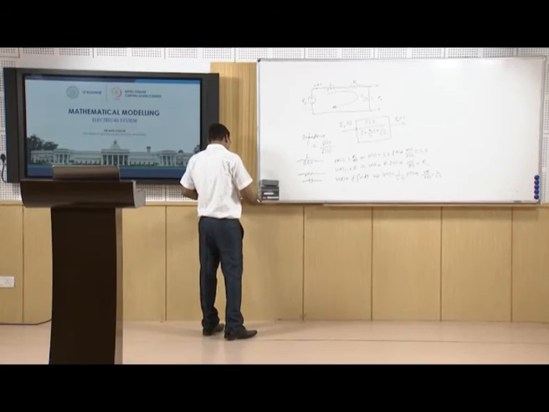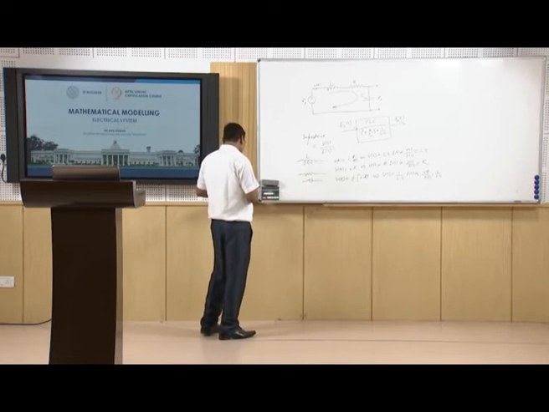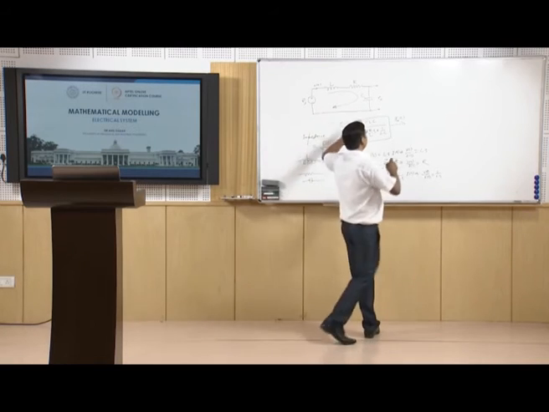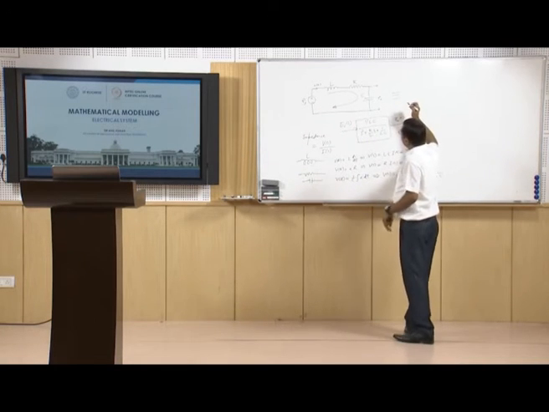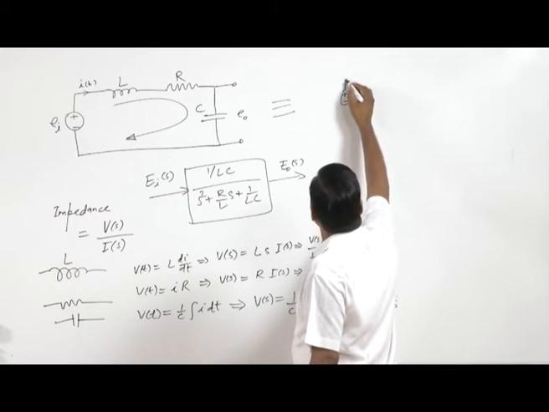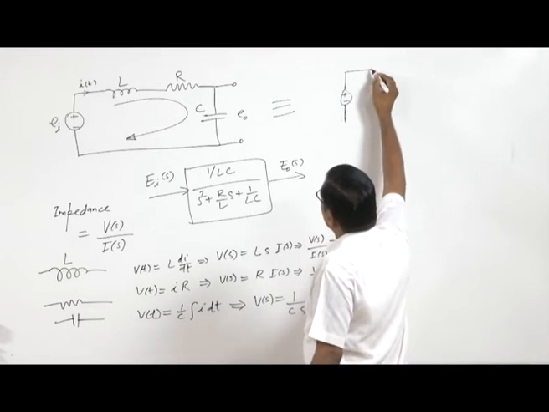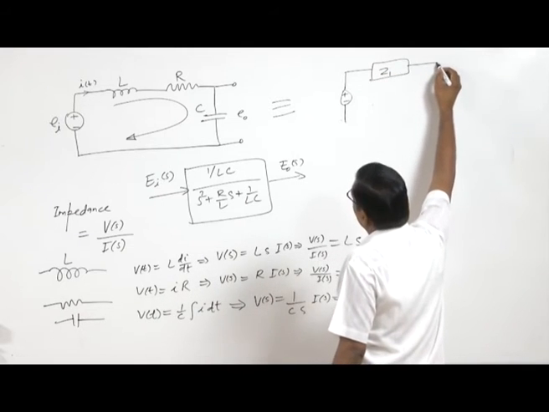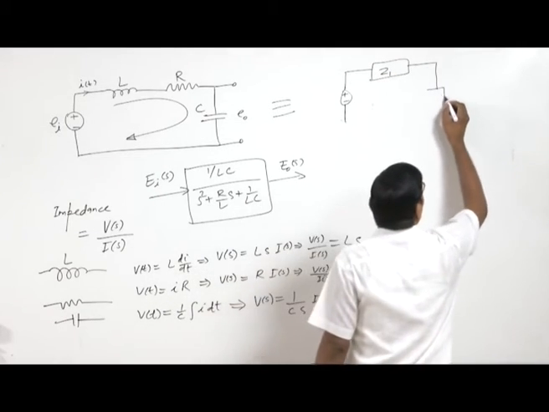Now we can represent this system in equivalent impedance form. Here, let us say this is Z1 impedance and then here Z2.